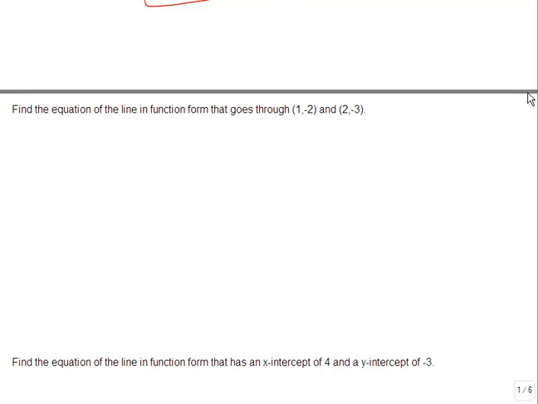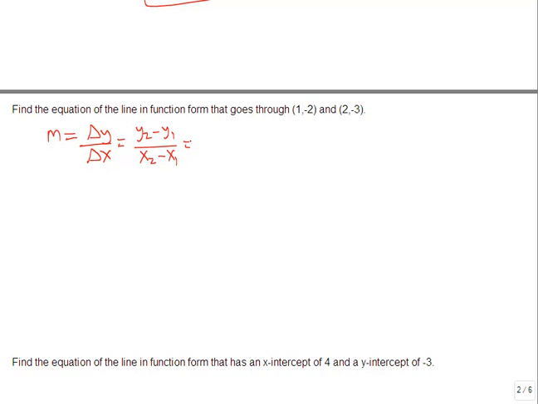Alright, let's do a more traditional problem. Find the equation of the line in function form that goes through the 2 points (1, -2) and (2, -3). So we've done this kind of problem before. To find the equation of a line between 2 points, you always have to find the slope first. And if you remember that to find slope, that's change in y over change in x, or y2 minus y1 over x2 minus x1.